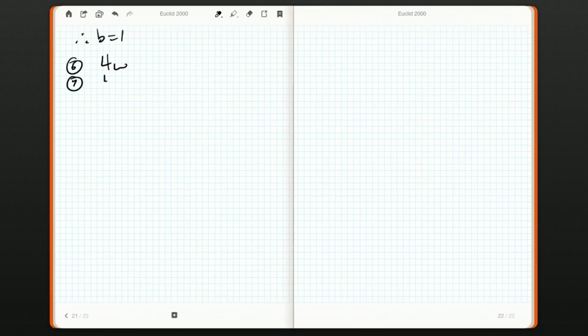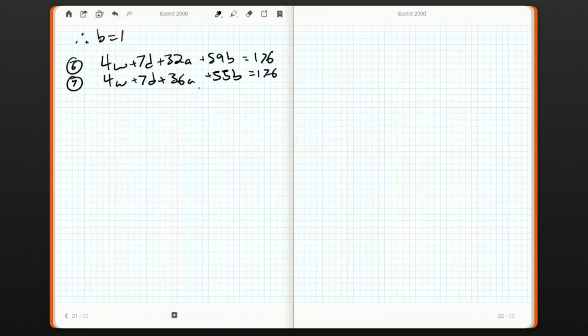So that's 4 wins plus 7 draws plus 32a plus 36a plus 59b plus 55b, and they're both equal to 176. So 4w minus 4w, well, that's 0w. 7d minus 7d, that's 0d. 32a minus 36a, that's negative 4a.